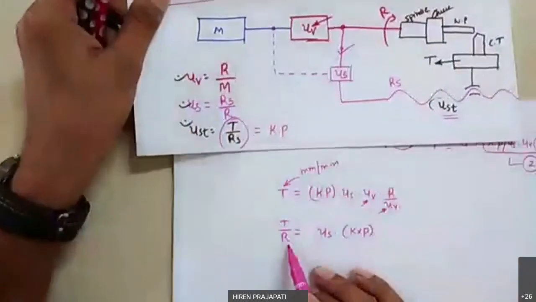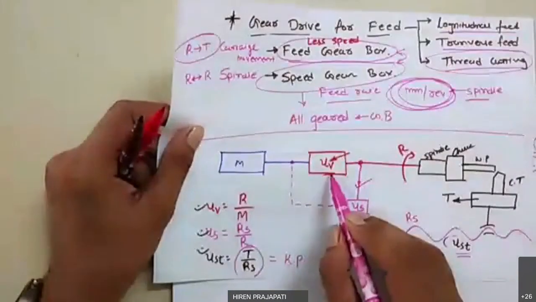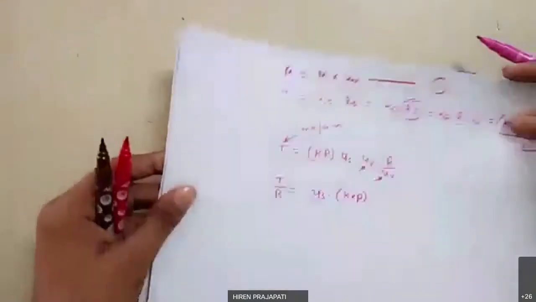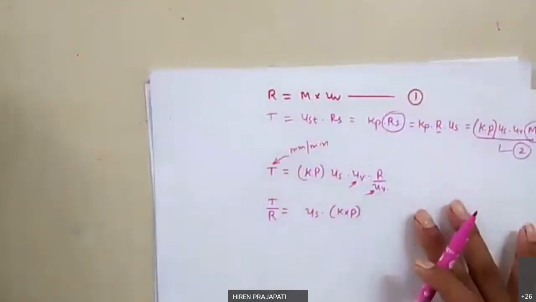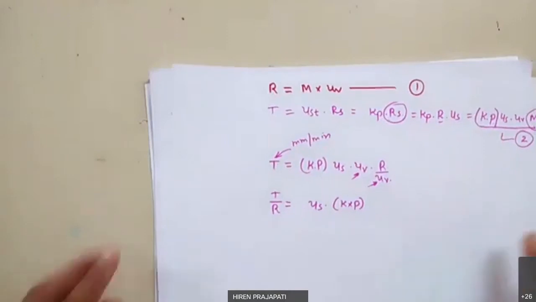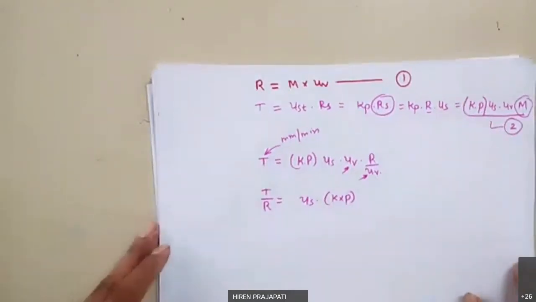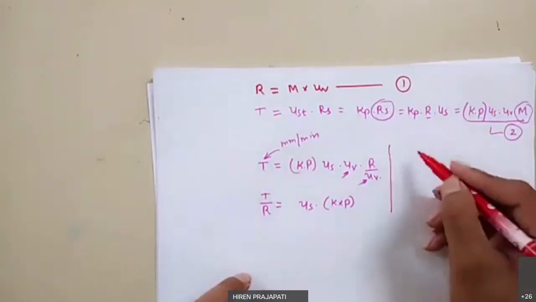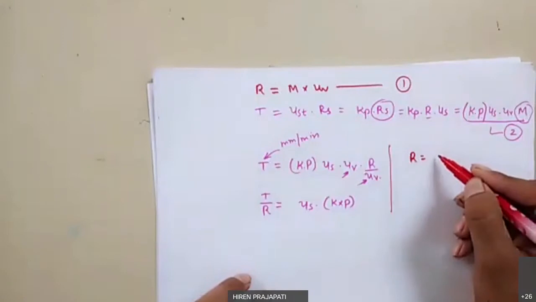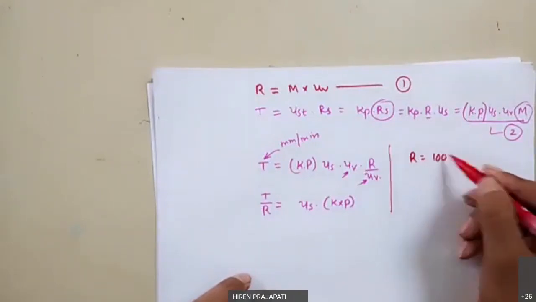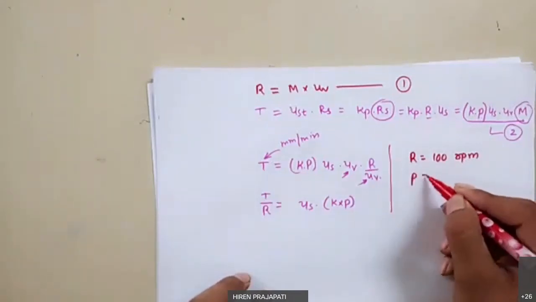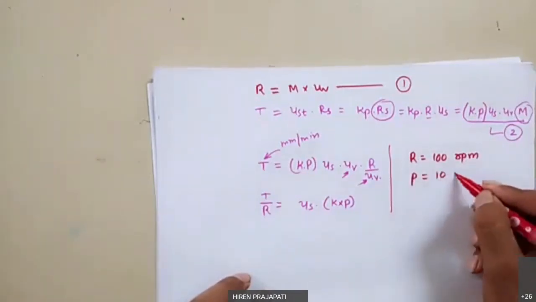T by R is independent of UV, right? So if you change UV, then let us try to understand this with one example. So this is the equation of US. Now, if we take an example that RPM R, which I want on the spindle, is 100, the pitch of the lead screw is given as 10 mm.